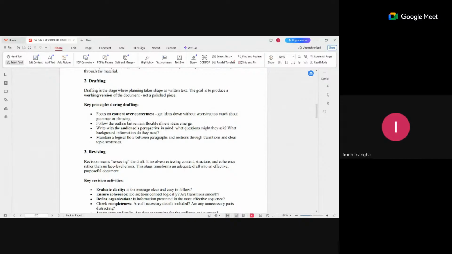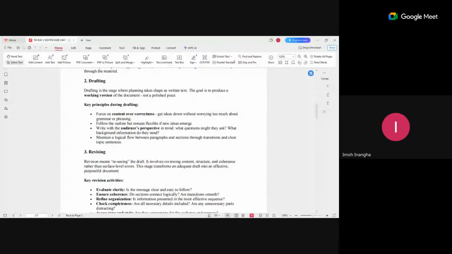Drafting is the stage where whatsoever you plan or imagine takes shape as written text. The goal is to produce a working version of the document, not a polished piece. You know what it means for it to be polished. I don't need to explain that.